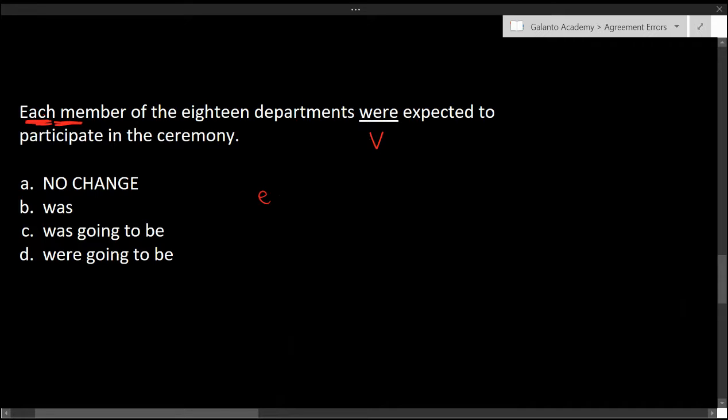No. We would say each member was. So here is a modifier again, just explaining what type of members they are. But each member is singular, therefore we have to use was.